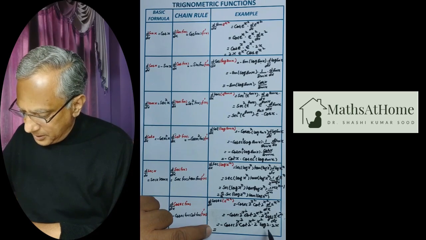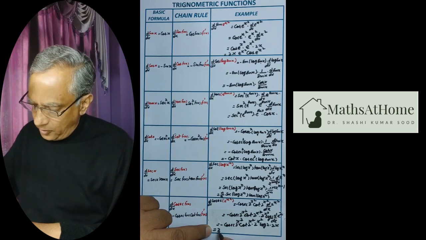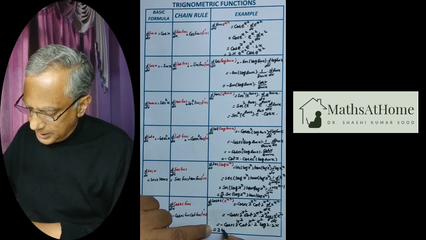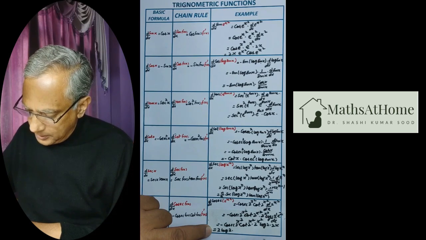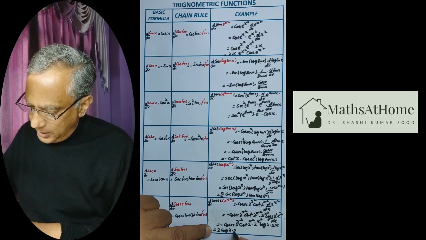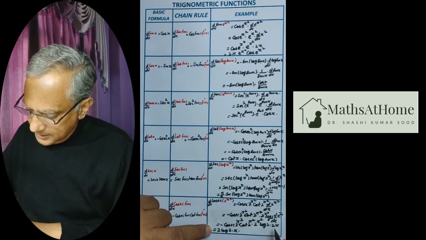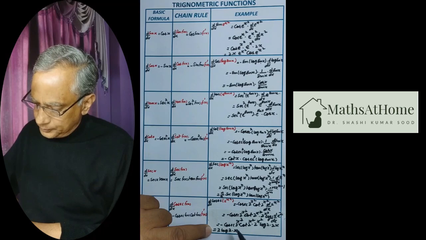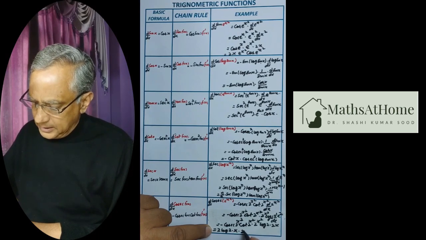Now this can be written as, first of all we will write the constant terms. Constant is 2 log 2. Then we write the polynomials. It is x. And then you write the other functions.